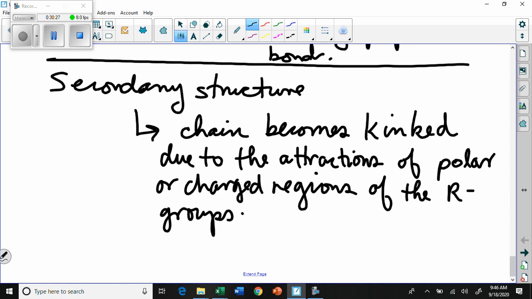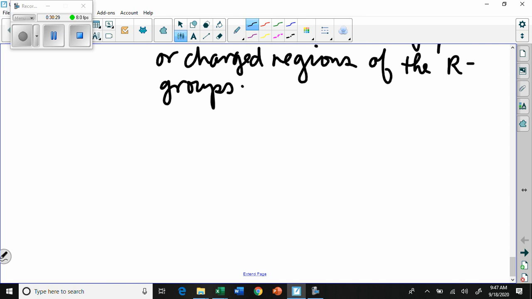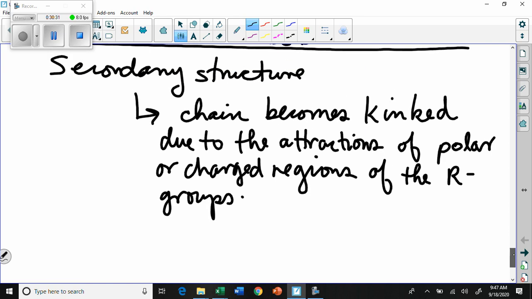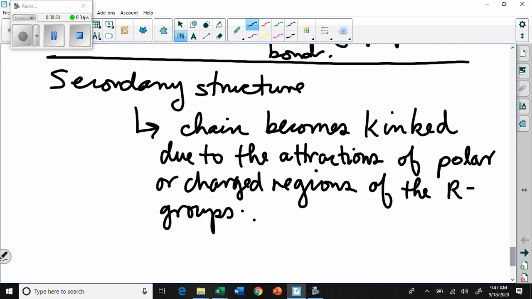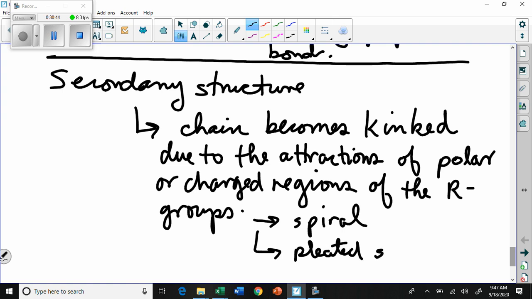And we see two specific types of this. Okay? I realize you're trying to catch up to me. So we get the spiral structure is common, and the other common structure is the pleated sheet structure, both of which are commonly found.